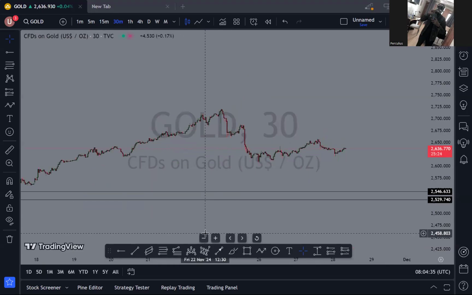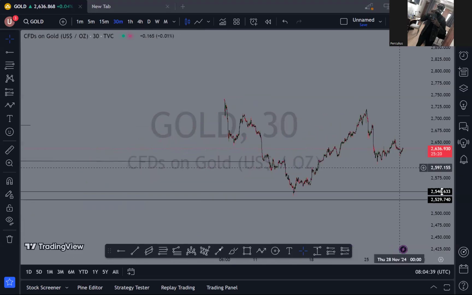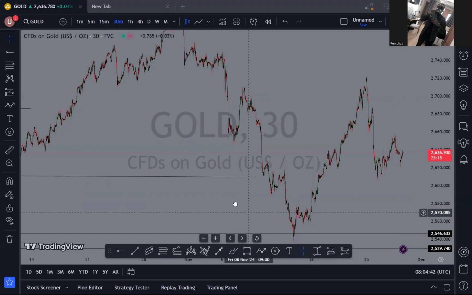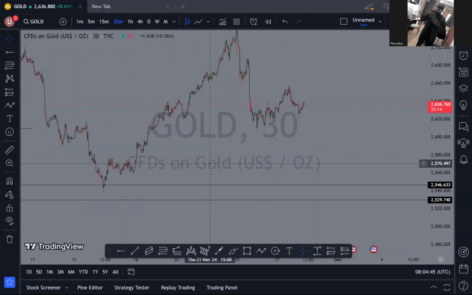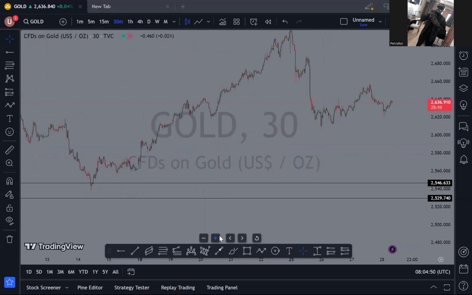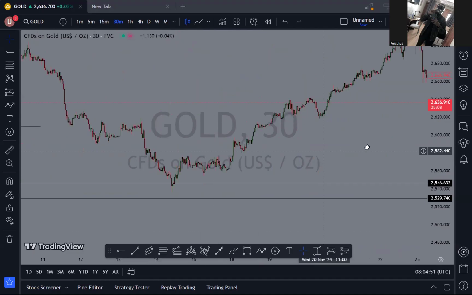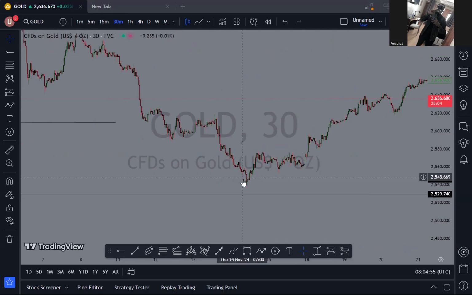it did have a change of character starting from the lower time frames, right? And as you can see, there was like a head and shoulder pattern right here. But if you go in lower time frames, you might see it. It was exactly at this point.